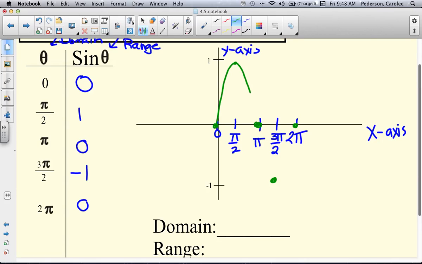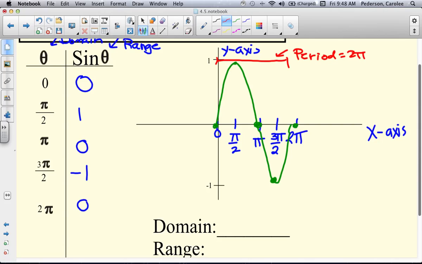We go up, we go down, all the way down, and then back to where we started. That represents 1 revolution. The distance of that 1 revolution of the parent function is a distance of 2 pi, which we call the period in trig. So this distance from here to here is my period of 2 pi.